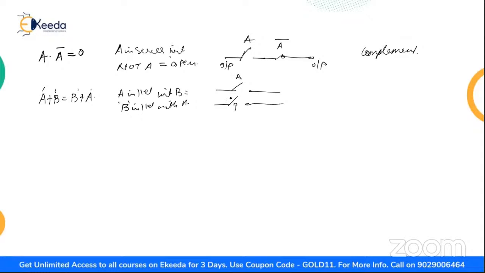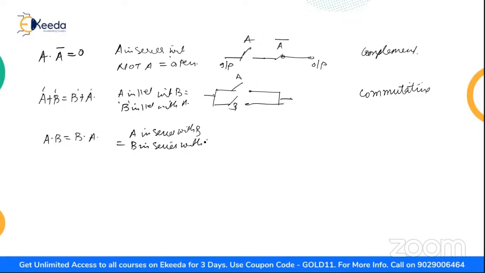This is called commutative law. A dot B is equal to B dot A. A in series with B is the same as B in series with A. This is but natural. There is no need for any explanation for this. It is from observation only.